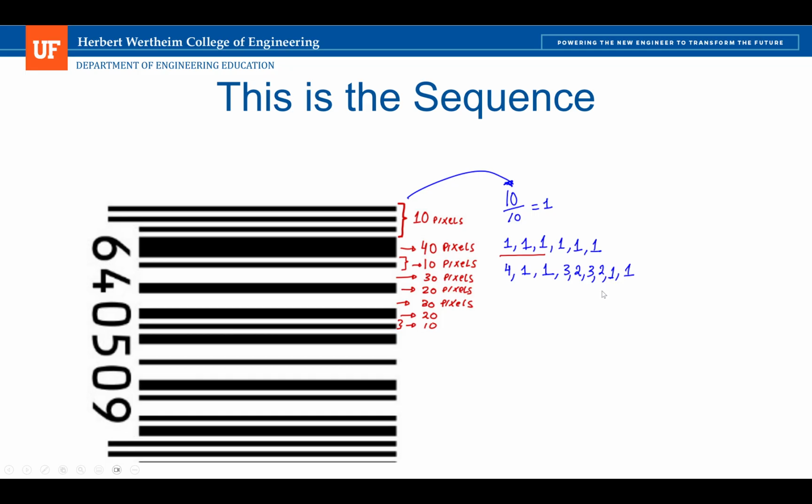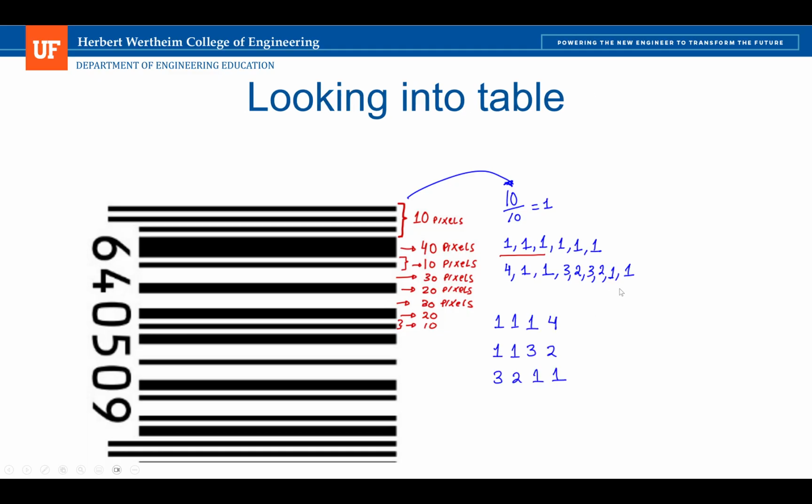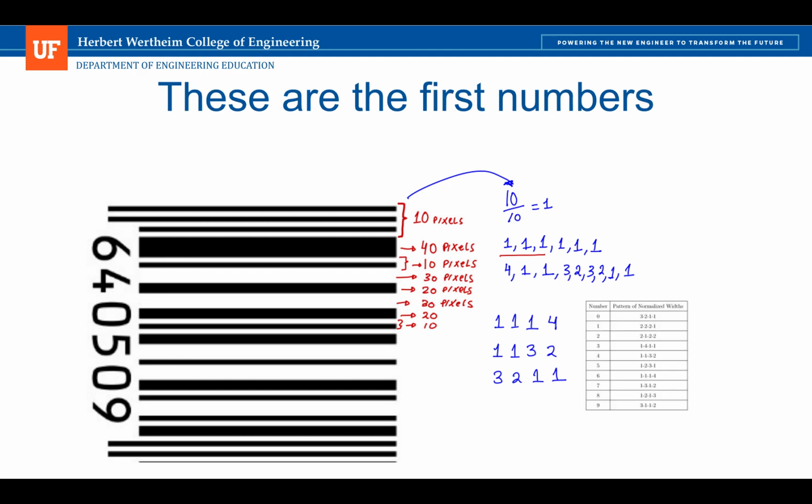So we group everything in groups of 4, like 1, 1, 1, 4. We got the line, and then we got 1, 1, 3, 2, and so on. We have to do it for the whole image. And then there is a lookup table that you can get, and depending on the sequence, you can guess the numbers, if it is 0, 1, 2, 3, 4.